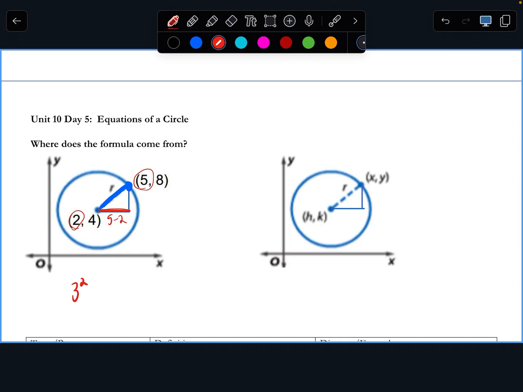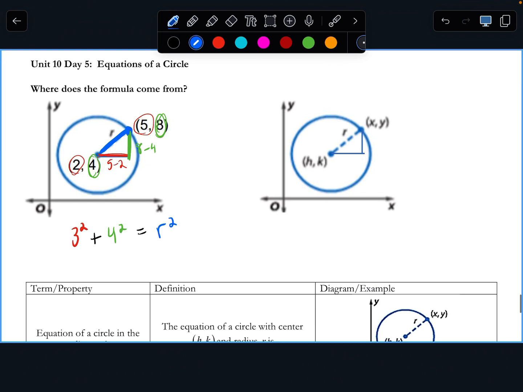So you would do 3 squared plus, and then your vertical is going to be up and down, and that's where you're looking at your y. So you need a difference of y. So 8 minus 4, a lot of you would probably just do 4, and that would equal your radius squared. Right? That would be how you would get your r.